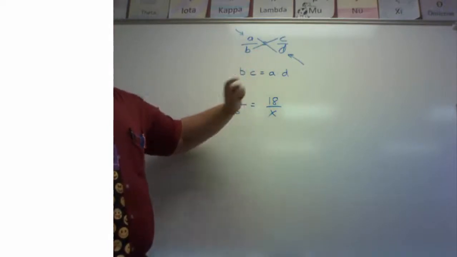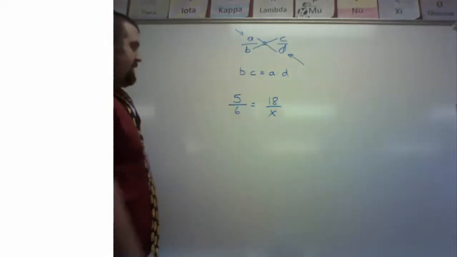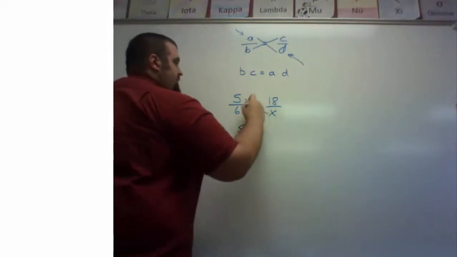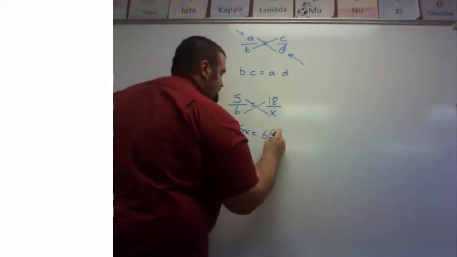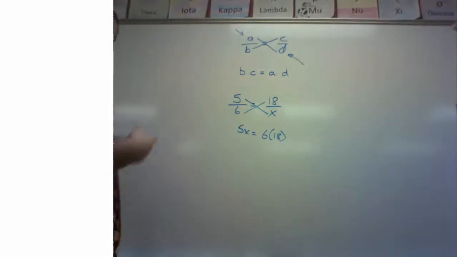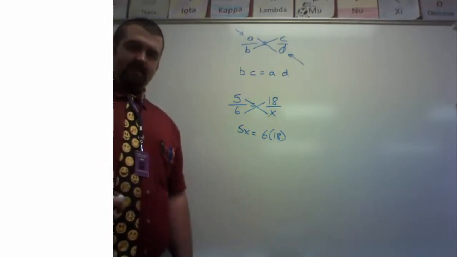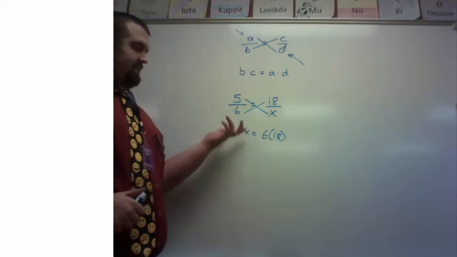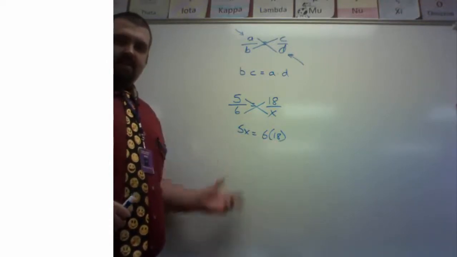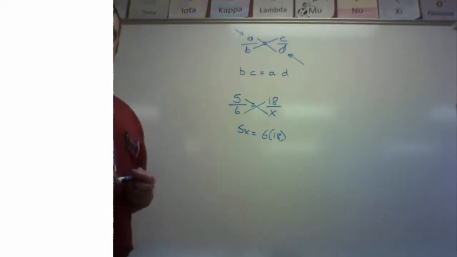This causes this. So 5 times X equals 6 times 18. If I wanted to continue solving for X, I would multiply it out and go all the way. However, this is just how I go about solving. At this point, solve for X. Simplify this side, divide both sides by 5, you're done.